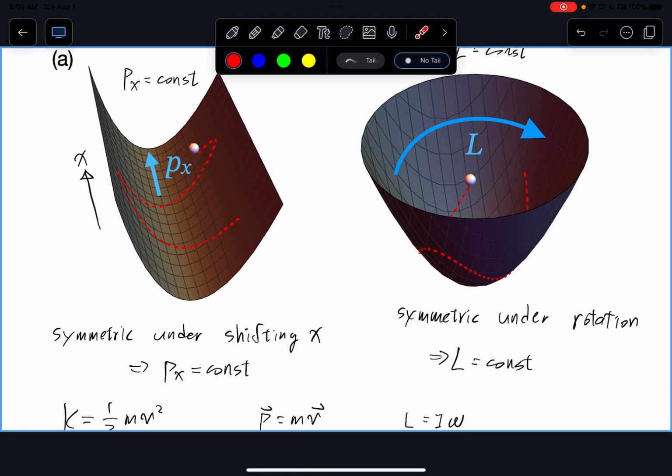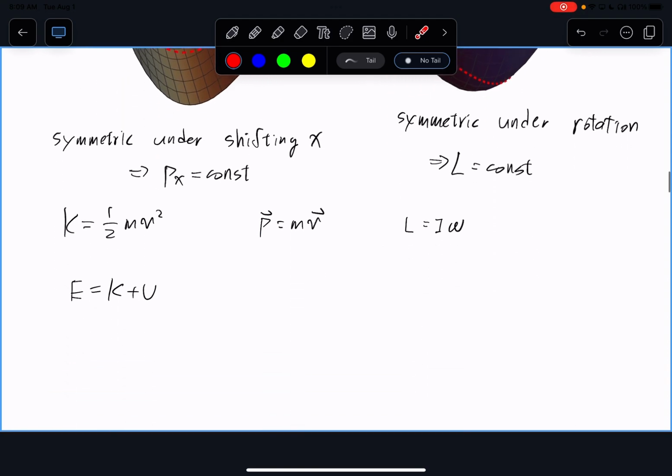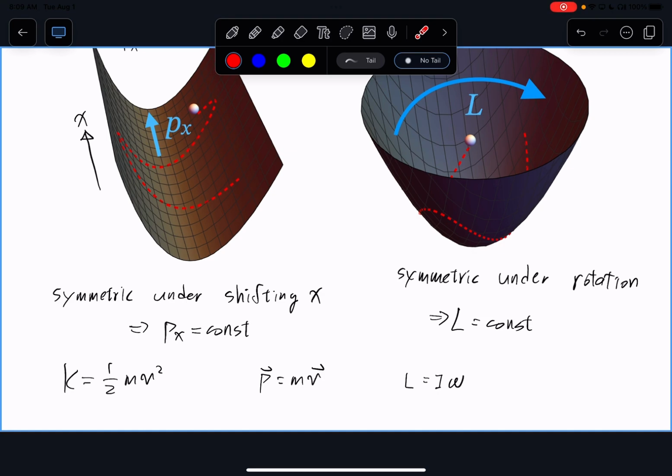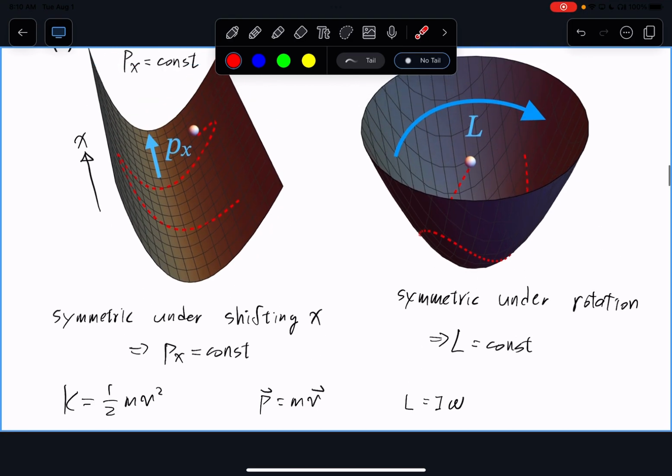Now, when we start a class, we say that physics should work the same for anyone, at anywhere, at any time. That statement actually corresponds to the symmetry that physics law should have. Physics law should work the same when you are standing here or here.